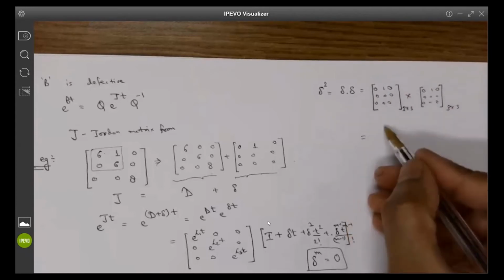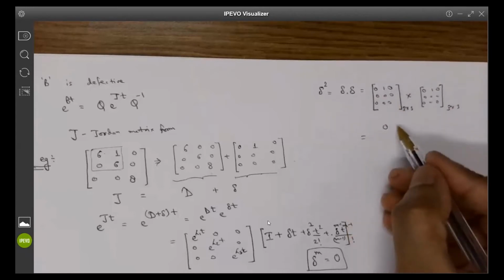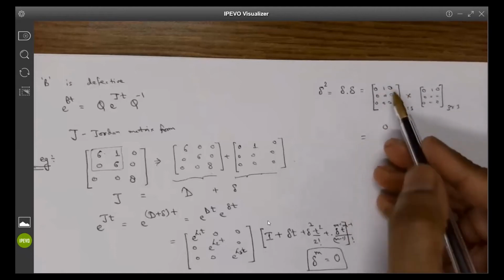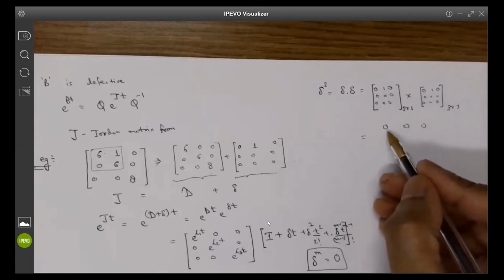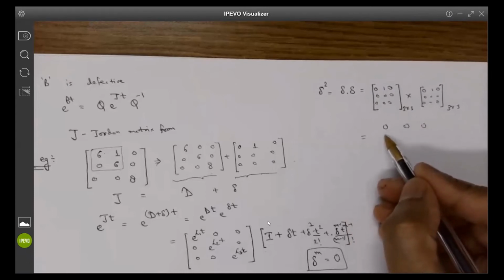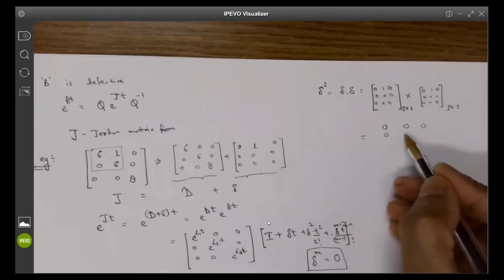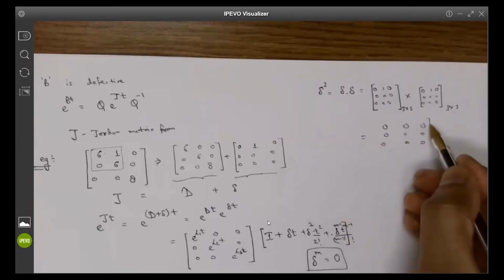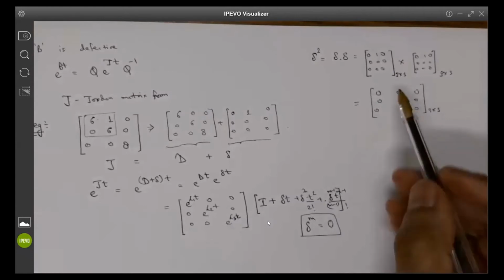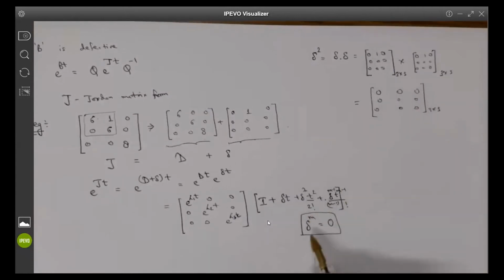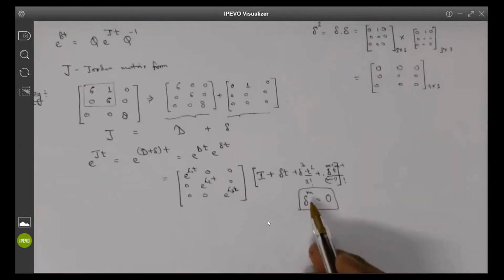So when you multiply this, this will be all zeros, 3 cross 3. So you will find that, as I was saying, delta^m is 0.